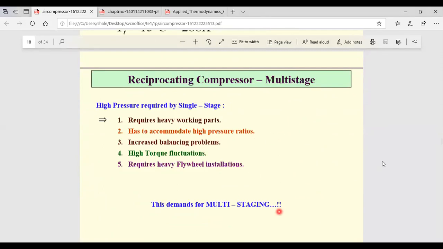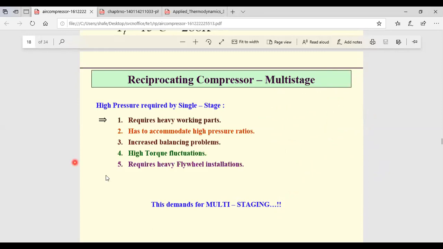You have to design a compressor that takes care of that much high pressure, and design the valves as well as the material of the compressor to take the thermal stresses and the pressure rise. So instead of going for a single stage from 1 to 10, why can't you go for a multi-stage, like 2 stages of compression? Then what are the advantages?